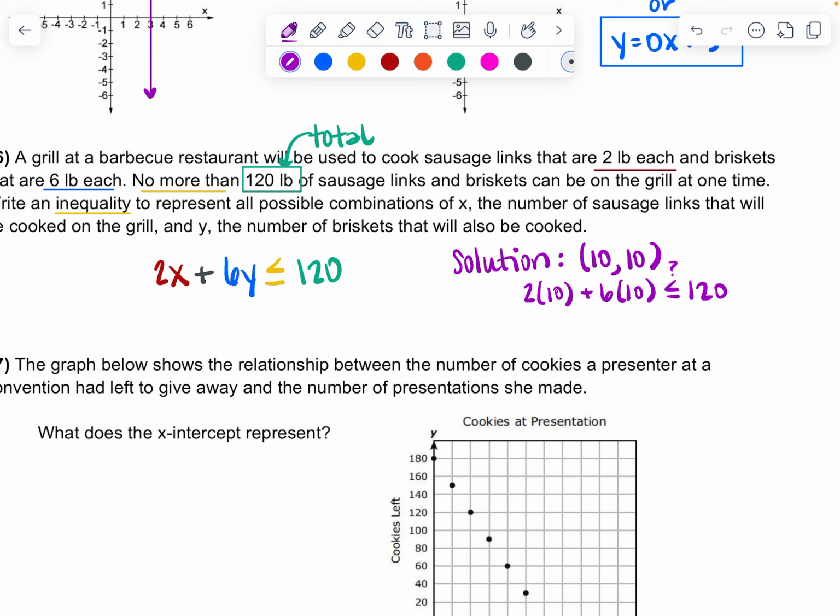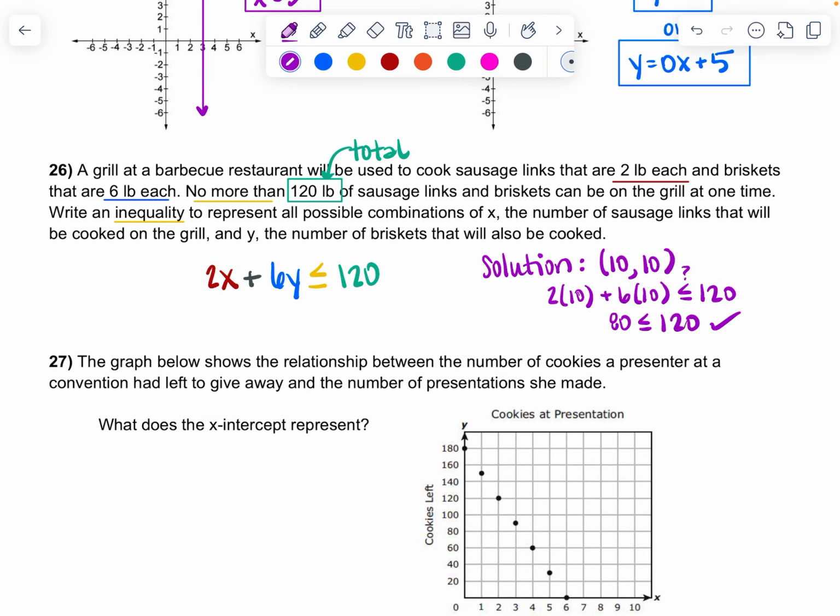Well, 2 times 10 is 20, 20 plus 60 gives me 80. Is 80 less than or equal to 120? Yes. So 10 sausages and 10 briskets is a possible solution because I get a true statement when I plug it in. So these are little things we can do to check our answers and give possible solutions.